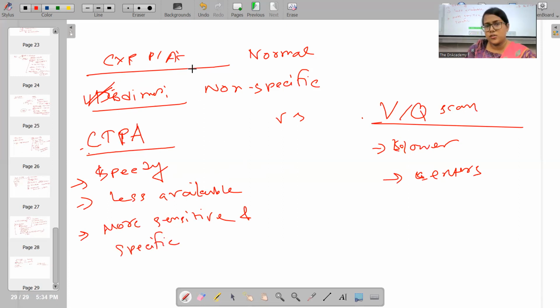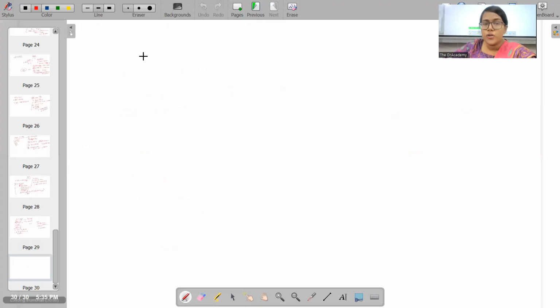After doing the chest X-ray, if you have strong suspicion of pulmonary embolism, the next modality of investigation should be CTPA, okay? CTPA, CTPA, CTPA. Never VQ scan in the option. If there is no mention of CTPA, only then you can go for the VQ scanning, all right? In pregnancy, there are some debates, like CTPA has some radiation exposure.